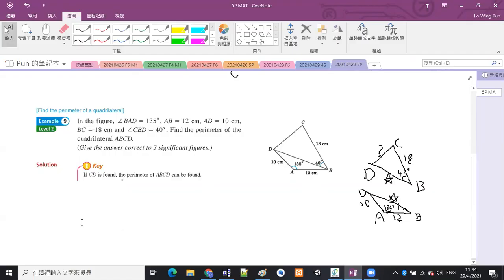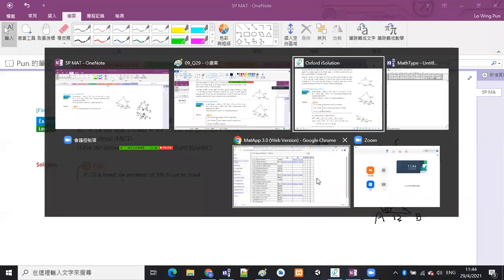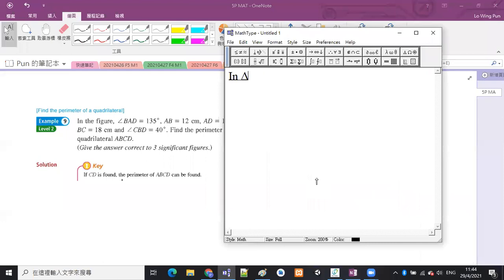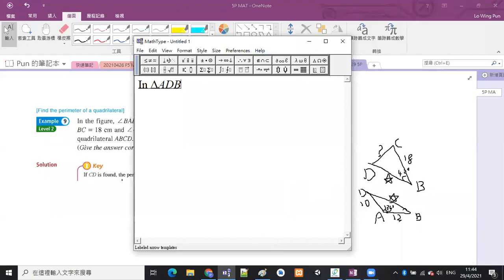Okay? So now in triangle ADB, 我希望講埋啲三角形啊，即係而家係用緊邊個三角形俾你嘅. Okay, so BD squared, C squared is equal to A squared plus B squared minus 2 times A times B cosine angle C, which is 135 degrees.